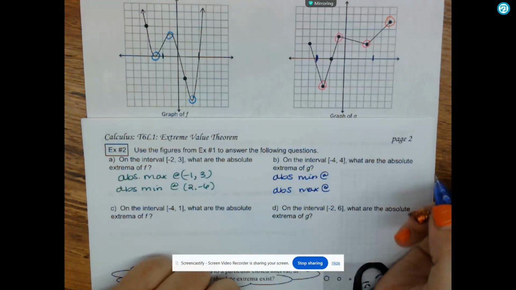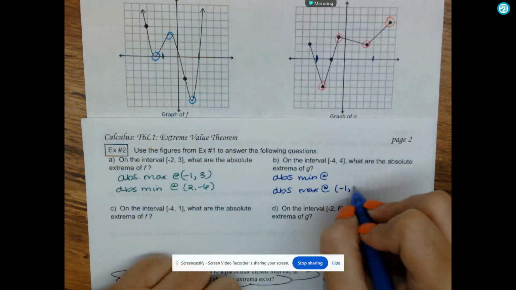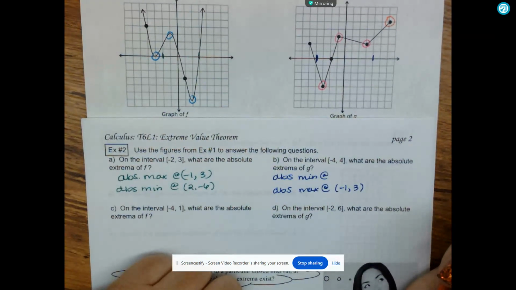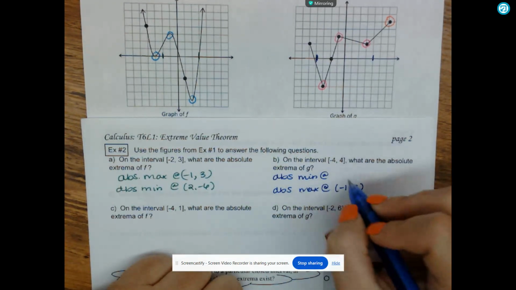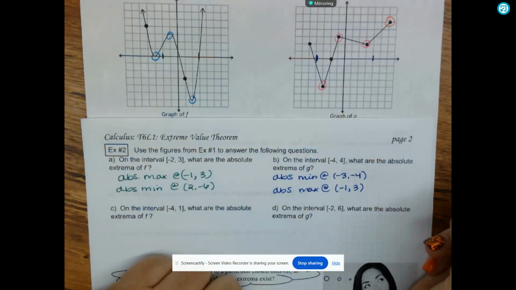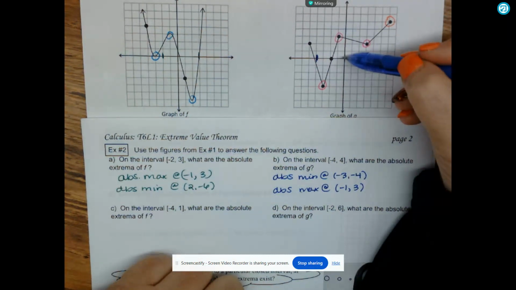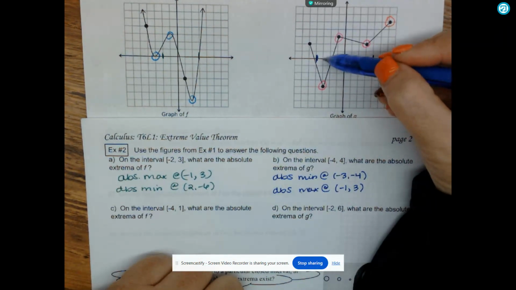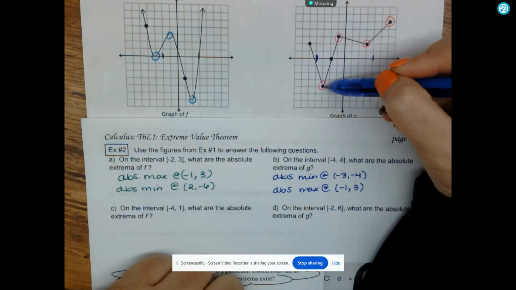Okay. All right, so she said a max at -1, 3. -3, -4 for min. Is everybody good on those two? So here, -3, -4. So there's her min. Is everybody good there?